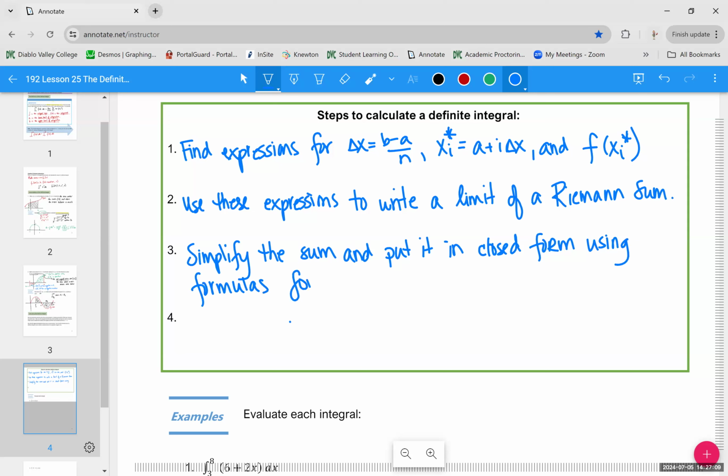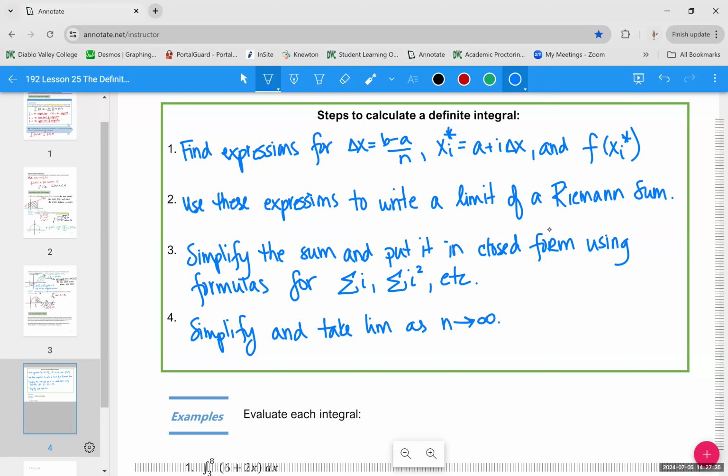There were formulas for the sum of i, the sum of i squared, a constant, all of those formulas. And then once we simplify that, we're going to take the limit as n goes to infinity. Okay, so let's do one.